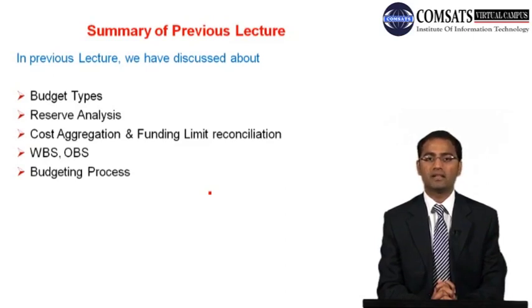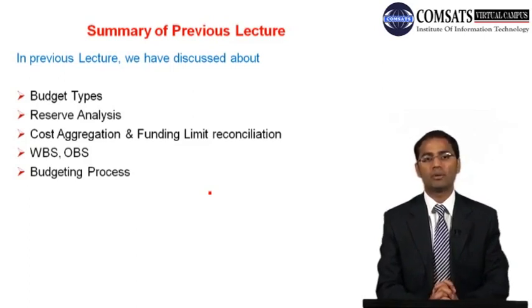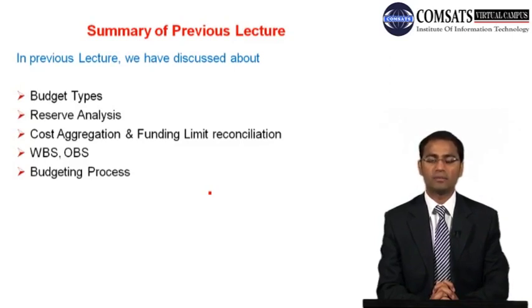The contingency reserves account for all the events which can be planned for. They may or may not happen, but you have a cushion for if they do happen and for how to manage them. But if something happens to the project and the cost increases because of that event, then you must have some cushion for that as well at the management level, and that is called management reserve.